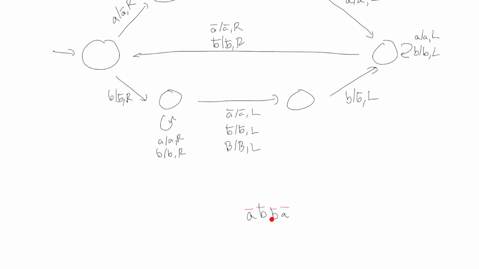I suppose in the going back part, let's say I just marked this B. I would do this once, and I would be in this position. I think we would end up with the head right there, pointing at this B bar. So it seems to me the trigger, how you know that you're done, is that in the starting state you are looking at a B bar or an A bar.